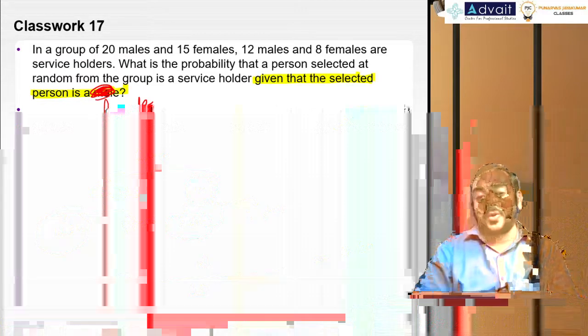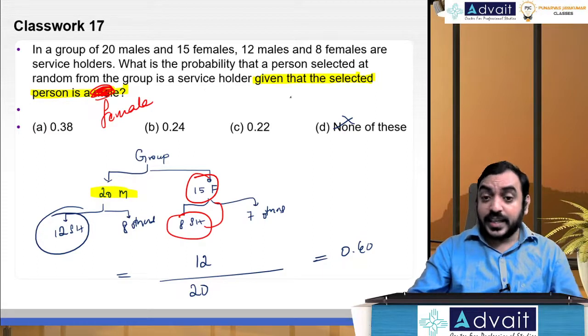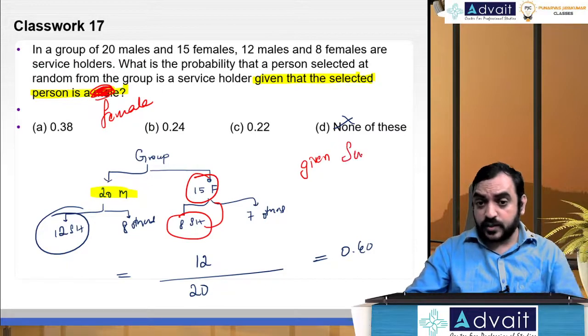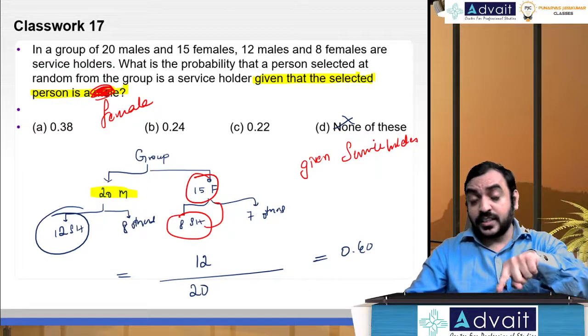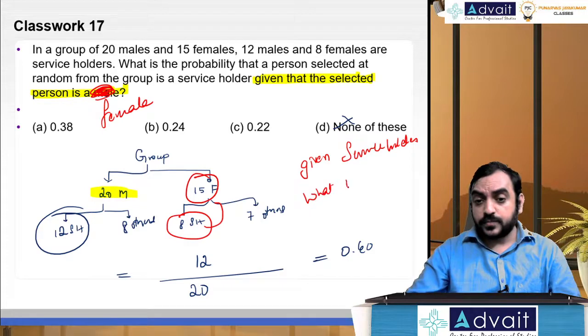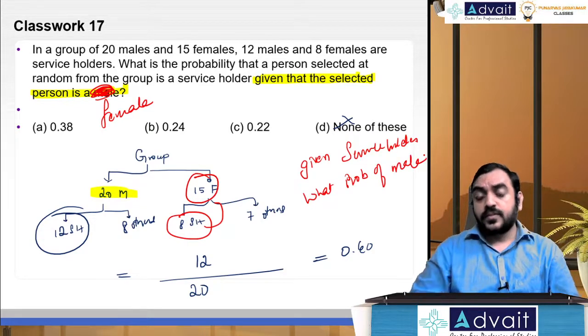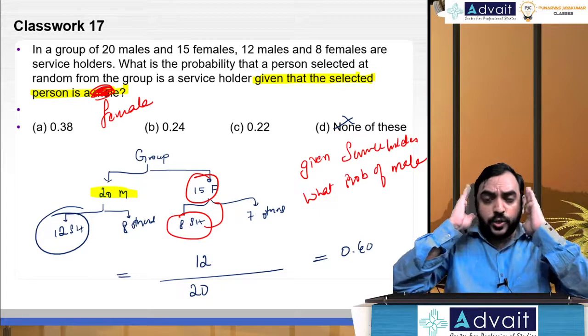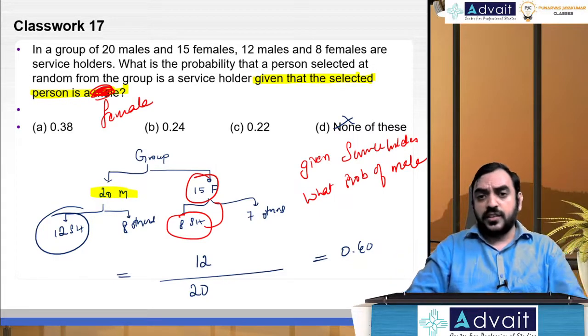Okay, if I ask you one more question now. Let's say, given that the person selected is a service holder, what is the probability of selecting a male? Listen to my question carefully. Don't write it down. Listen to me and try to answer. Use your mind, nothing else.